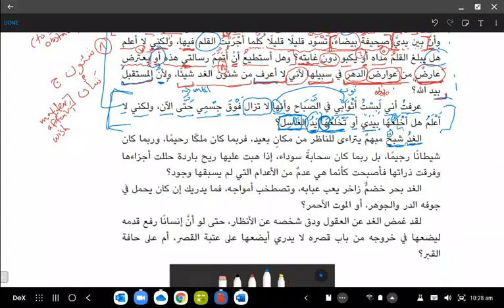This is where we put "is", right? So tomorrow is shabah.